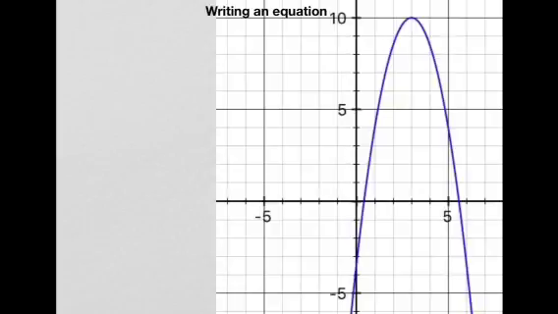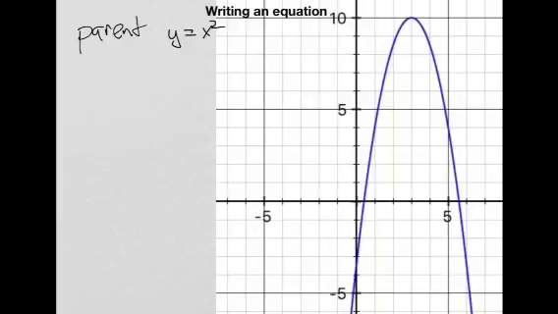Now, we're going to start off, as I keep saying, I always start with the parent function. So my parent here is y equals x squared. It does look like a parabola, so that's going to be our starting point.